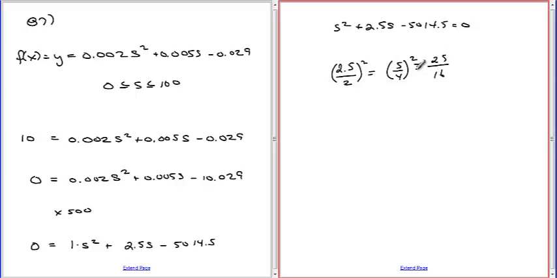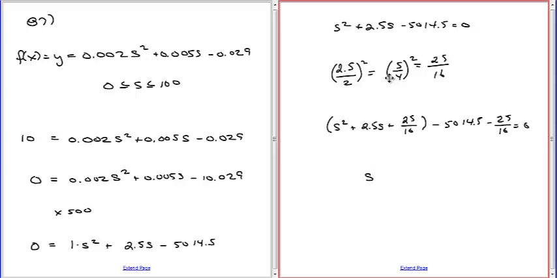So 25/16 is this number I'm looking for. Okay, so you get s squared plus 2.5s plus 25/16 minus 5,014.5. I'm adding 25/16, so I'm going to subtract 25/16.